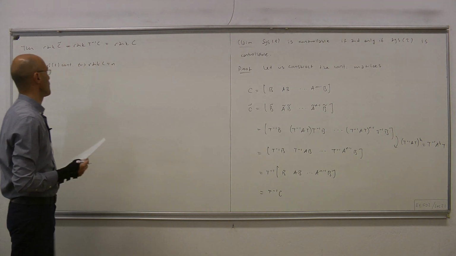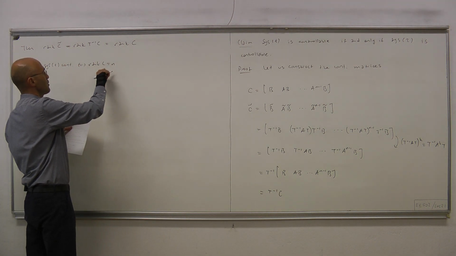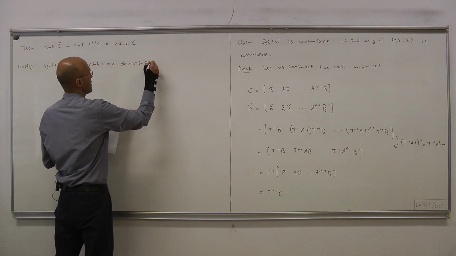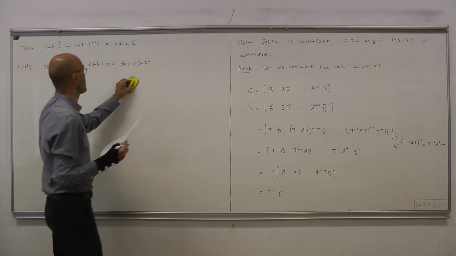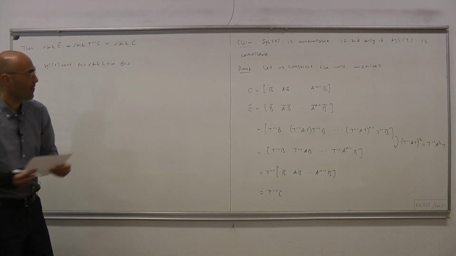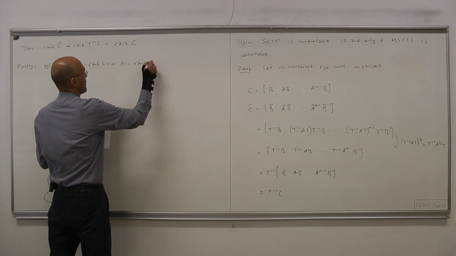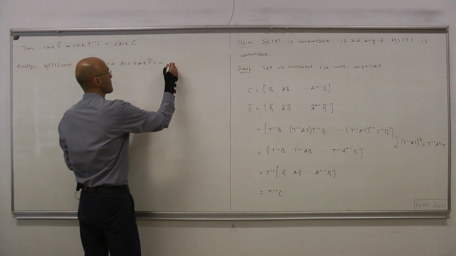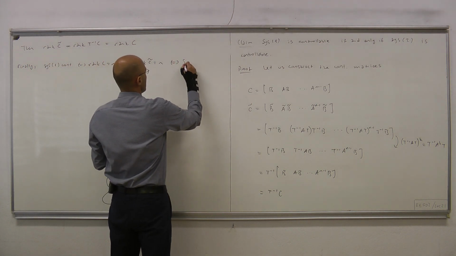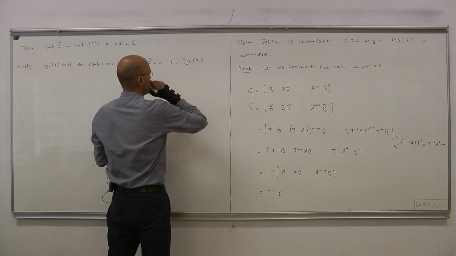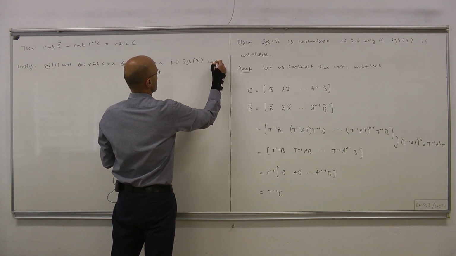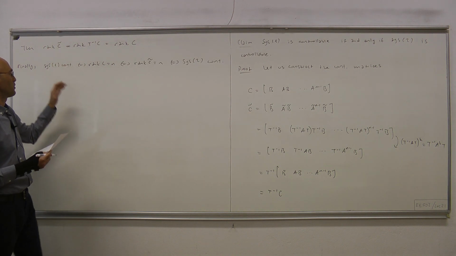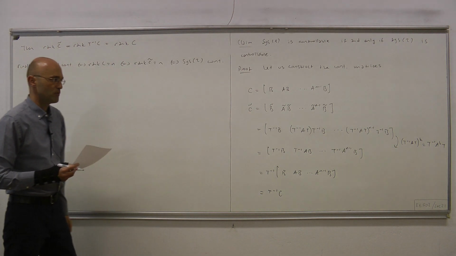This result we already know. And rank C equals n if and only if the rank of C tilde is n, and rank of C tilde is n if and only if system 2 is controllable. As a result, removing the intermediate steps, system 1 is controllable if and only if system 2 is controllable.